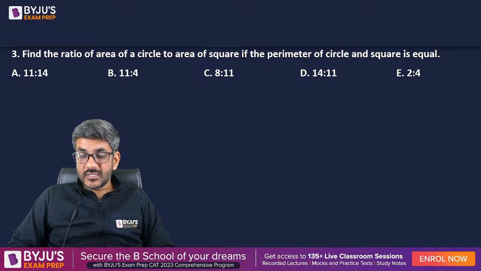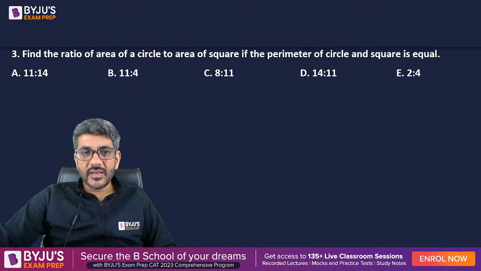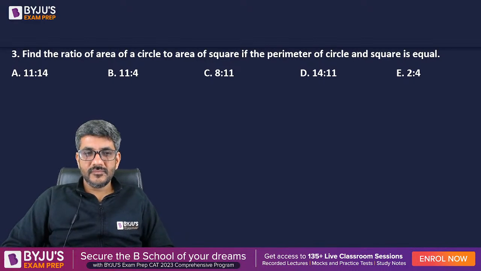So now we have got a simpler question with respect to the first two. Let me see how many of you are able to answer this correctly. I'm sure many of you can. What is the ratio of the area of a circle to the area of square if their perimeters are equal?